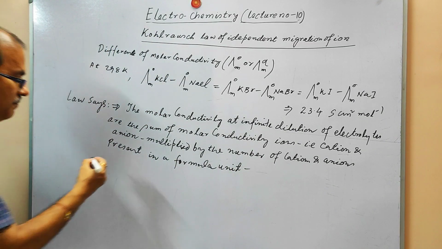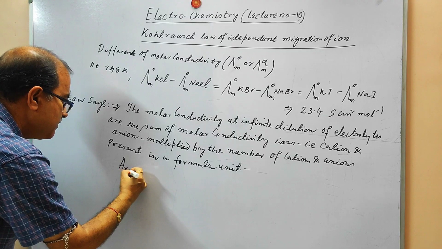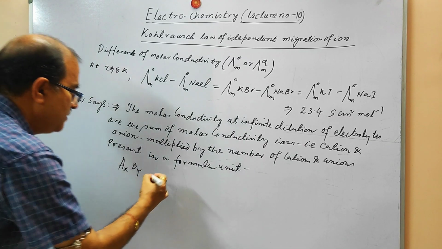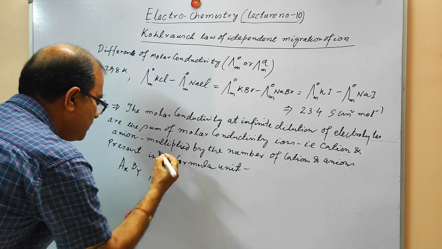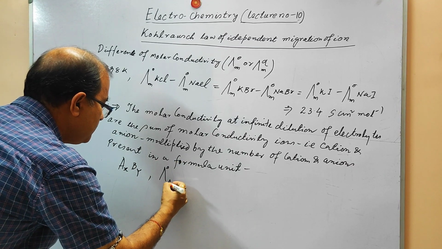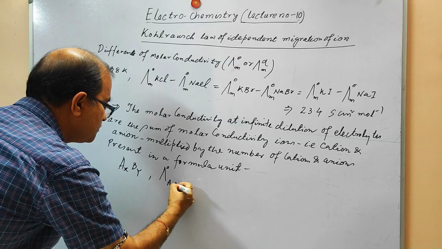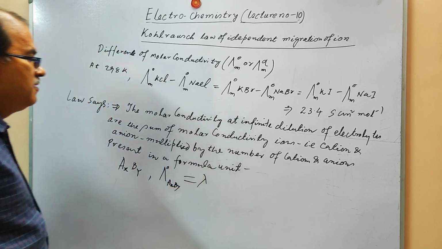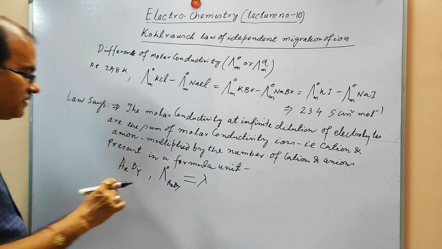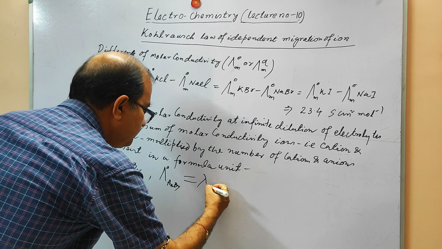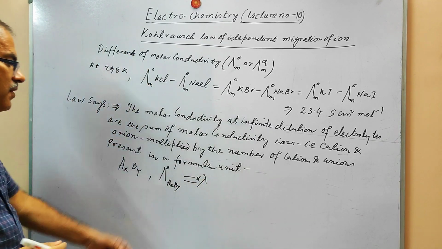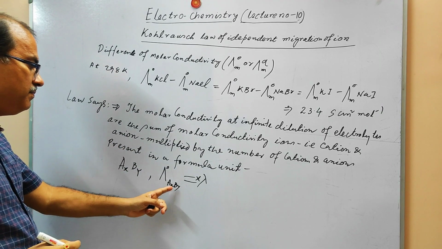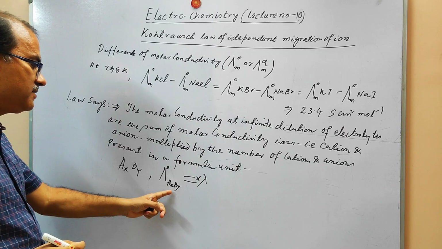As an example, take AxBy as an electrolyte. The molar conductivity at infinite dilution of this electrolyte will be the sum of the number of ions produced. A is the cation, B is the anion, and it is AxBy.